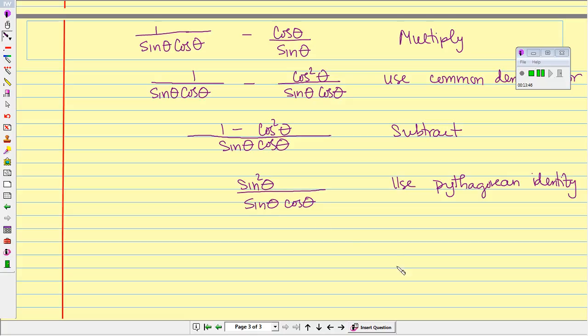Now we can divide the numerator and the denominator by sine theta. On the numerator we end up with sine theta, no more sine square, and in the denominator we end up with cosine theta.